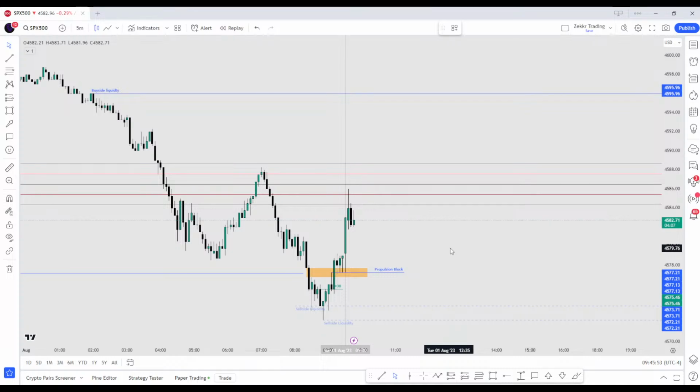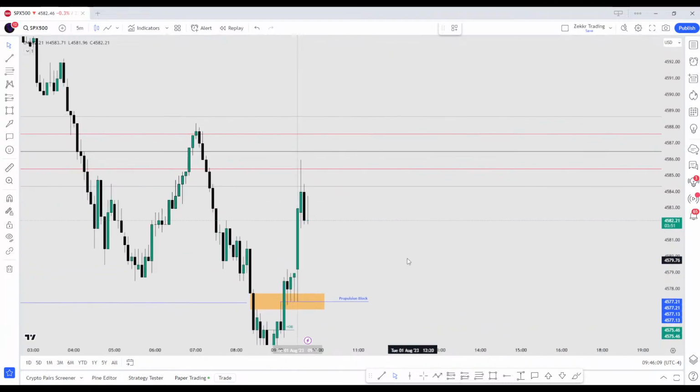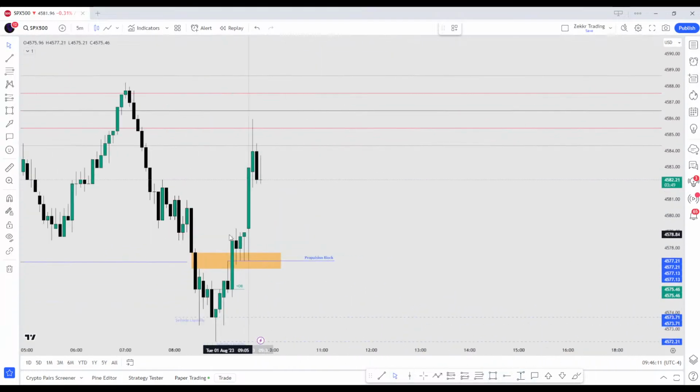We have tapped into the new week opening gap, so we could see expansion from it. So that's what I'm not really taking along. But there's displacement indeed, so the only thing that is also worrying me is this volume imbalance, which is very close to the fair value gap.